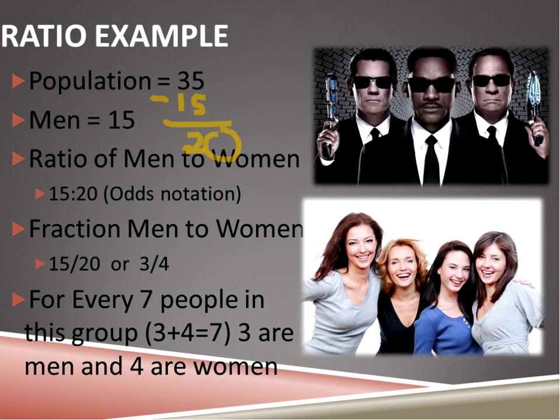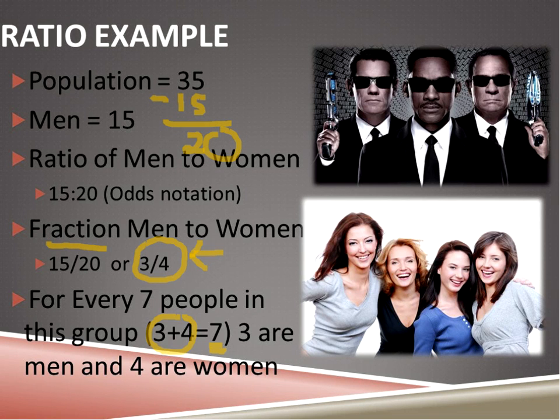Or you can say for every 7 people in this group, 3 are men and 4 are women. So we took our 3/4 and we added it together. 3 plus 4 equals 7. After we took our fraction and reduced it to its lowest common denominator, and then we just describe it again.